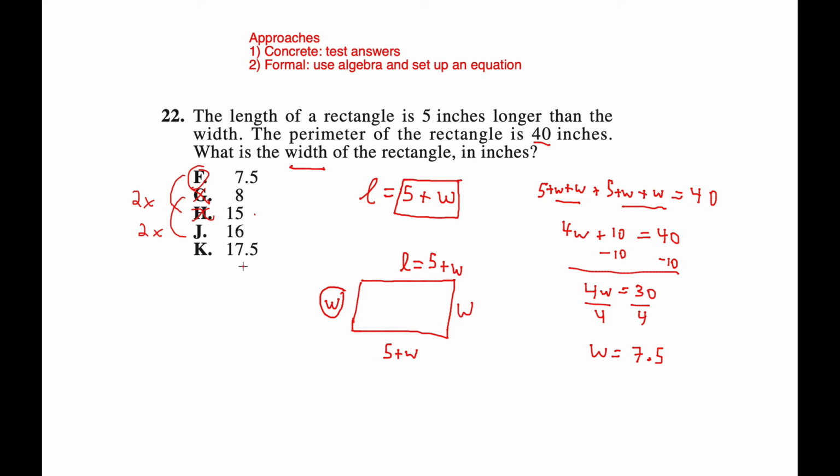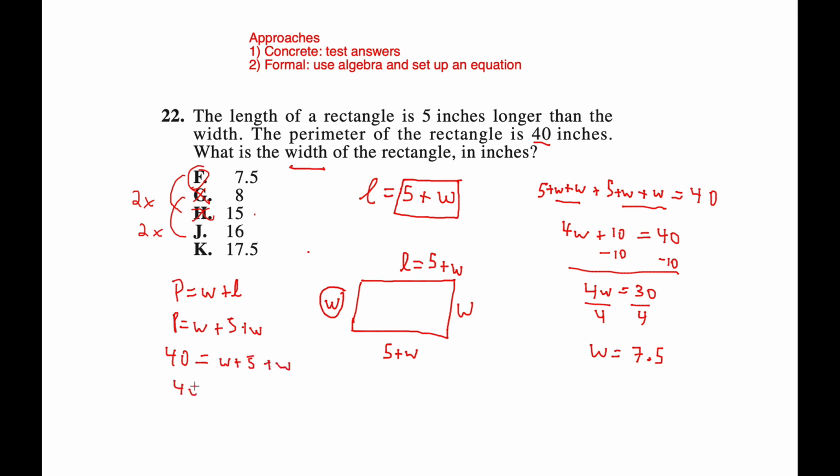Another possibly common mistake here is for 17.5, which could reflect thinking that the perimeter is just the width plus the length, as opposed to being the width plus the length plus the width plus the length again. And if we just had this equation of width plus length, then knowing that L is equal to 5 plus W, we would have W plus 5 plus W. And then plugging in that the perimeter is 40, we would have this equation.